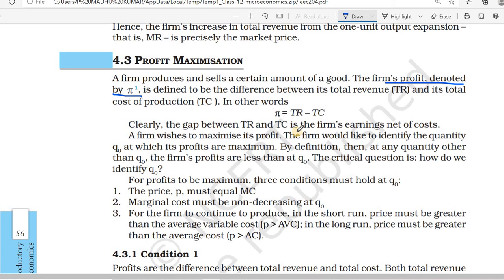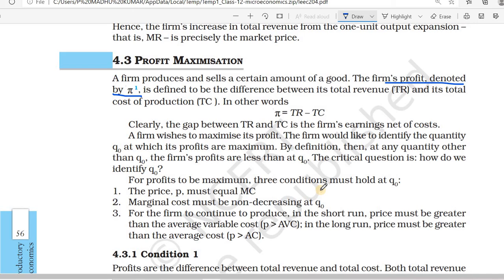Every firm wishes to maximize profit. For maximizing profit, some conditions are there. We can study those conditions. The price P must be equal to MC, meaning price must be equal to marginal cost.